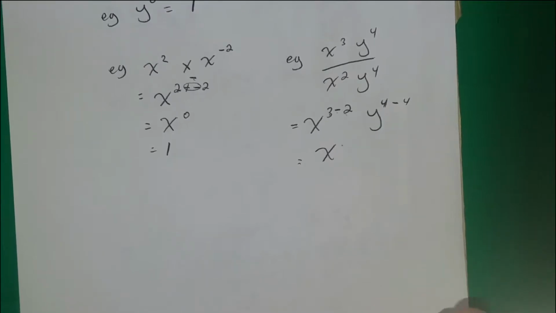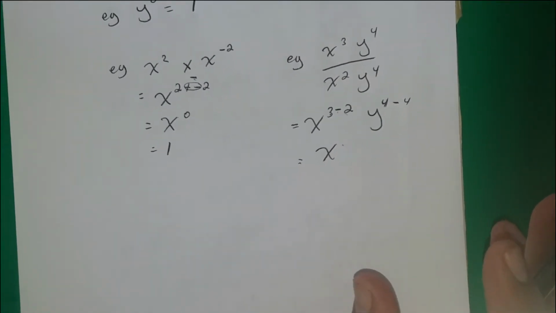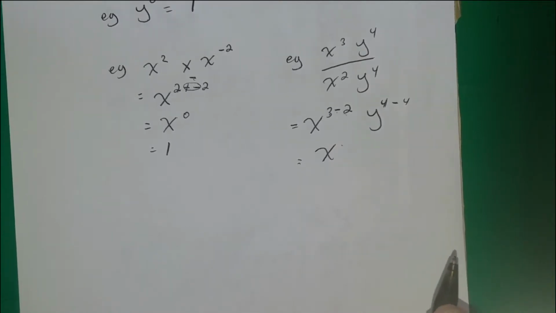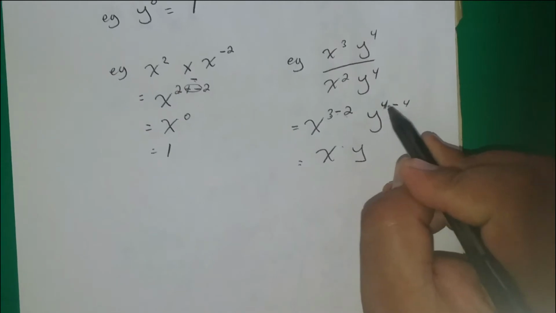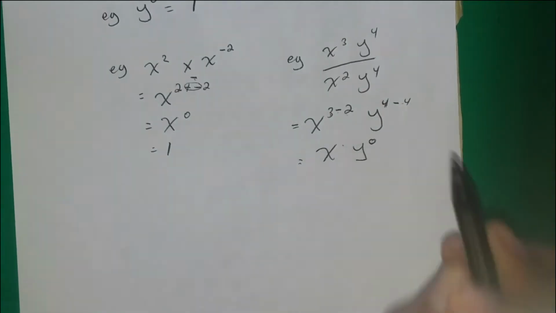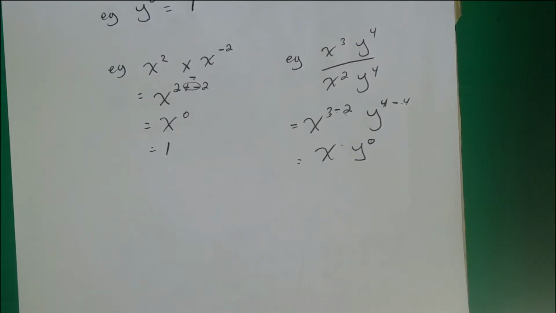Whenever you're working, if you want to keep the 1, go ahead, but right now we don't need to put it at this point. And then we have y, 4 minus 4, 0. Now notice what happened here, a 0. The x is not a 0, but the y is 0.